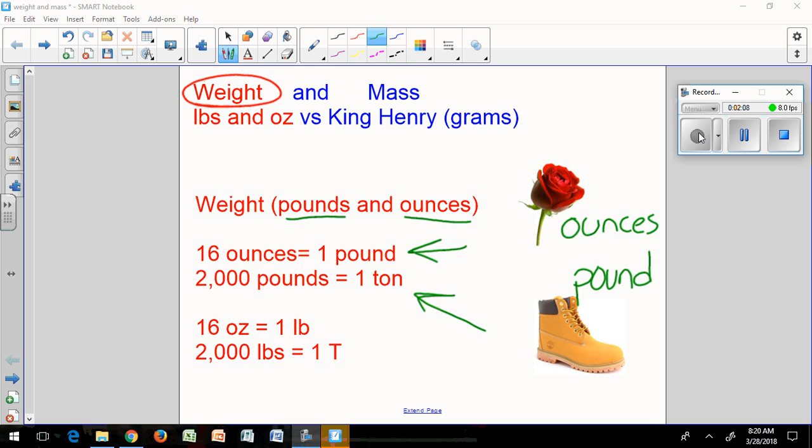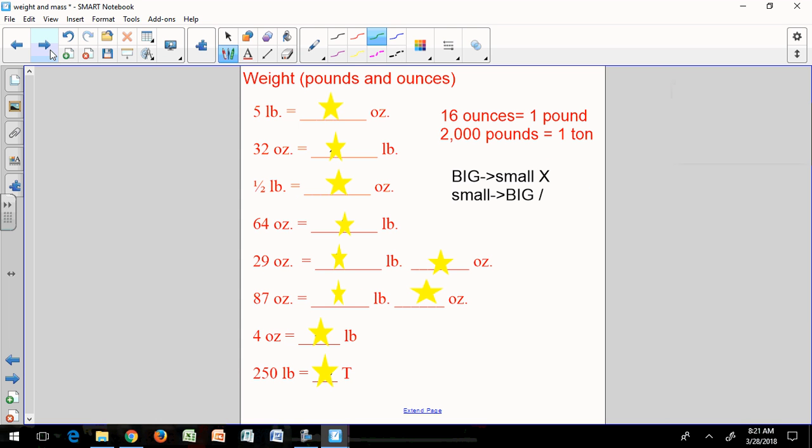We're not going to weigh ourselves in tons or a door in tons. That's just not possible. Okay? So those are our two conversions. 16 ounces equals 1 pound, 2,000 pounds equals 1 ton. So let's try some conversions.